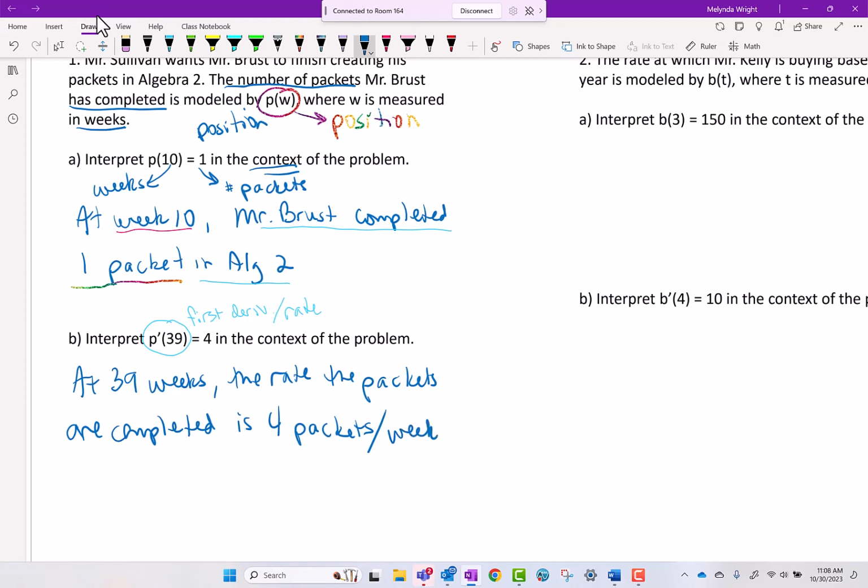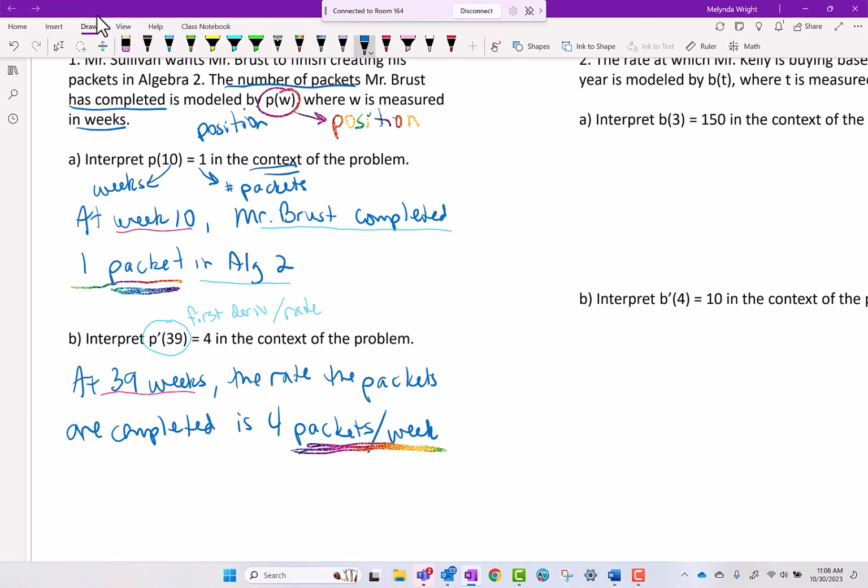So let's underline. Here is my time, at 39 weeks. My units are packets per week. Like up here, my unit was packet. This is packets per week. And my noun, or the action that's going on, which I guess isn't a noun, is it? It's the subject, I guess you would say.